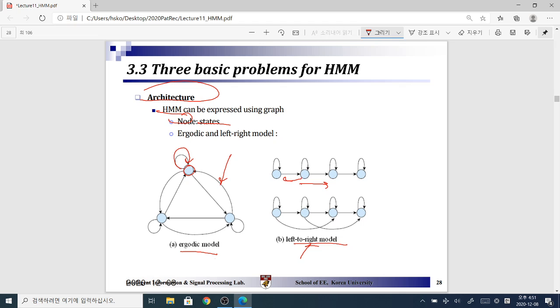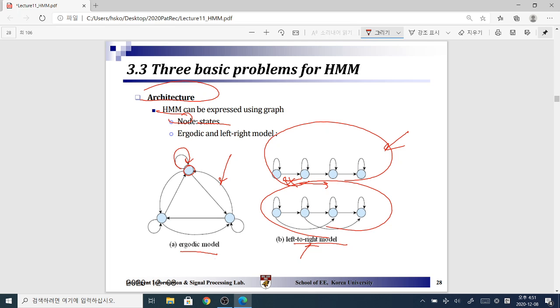It doesn't, for example, go back like in the ergodic process. So you could have this type or this type for the left to right model. Typically, it would look like this for speech recognition model representation.